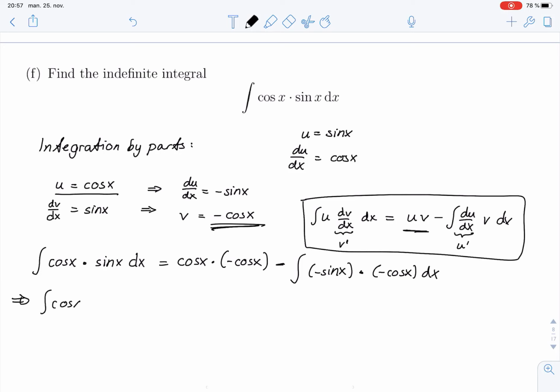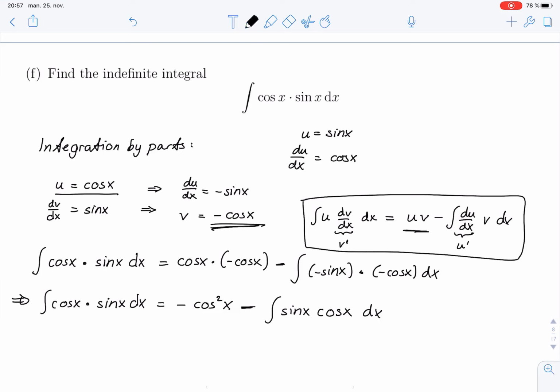let's do it once more, make it a little bit prettier with all the signs. So we have a minus here and a minus here and a minus here, so we get a minus in front. And then we have a sinus and a cosinus. 3 minuses.